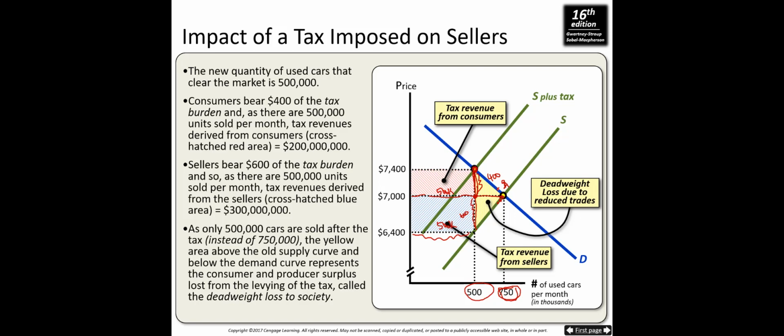This transaction didn't happen, right? These transactions didn't happen because the new price is 7,400. But if you just let the market do the job, free market, these transactions are going to go until the equilibrium. Therefore, this yellow area represents the deadweight loss. So 250K cars are not sold. That is the deadweight loss.